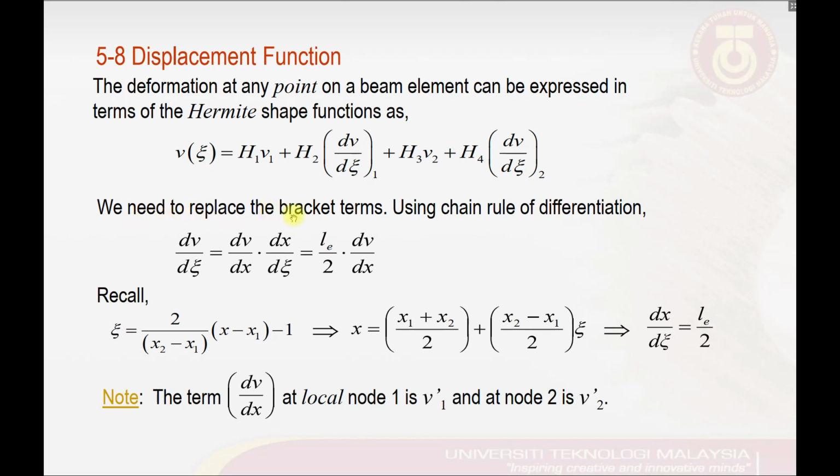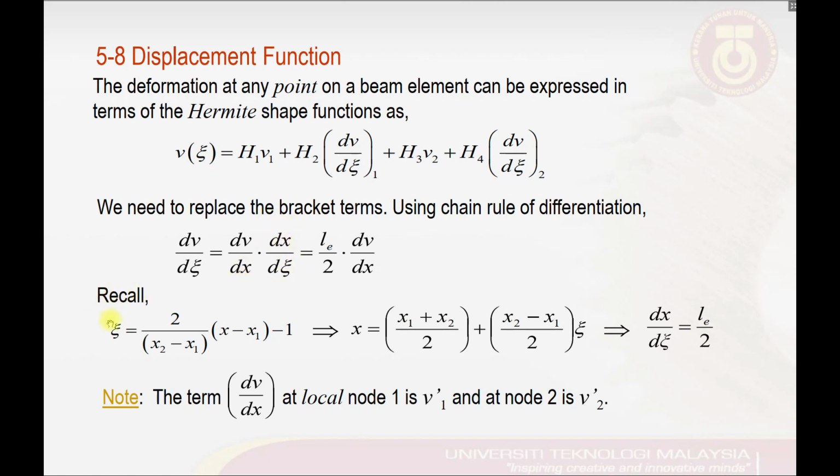We need to replace the terms in the bracket. We are working in the Cartesian coordinate system, but it is much easier to work in the natural coordinate system, dv over dz. If we apply the chain rule of differentiation, dv over dz is equivalent to dv over dx times dx over dz. But what is dx over dz?